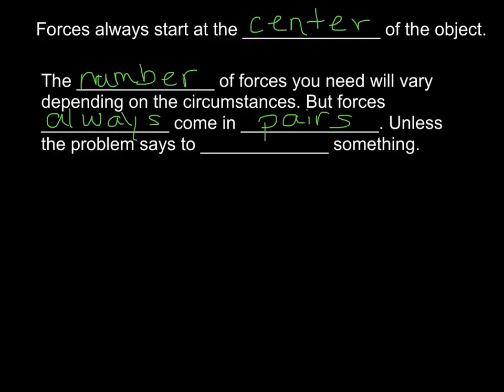If there is a force to the right, there is a force to the left. If there is a force up, there is a force down. However, if the story problem you're doing says to neglect something, or it says something is negligible, that means that you don't have to draw that arrow. That force is there. Forces always come in pairs. That means you don't have to worry about drawing it. So that's the one exception to that rule.